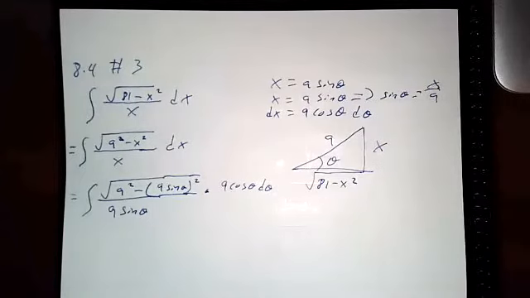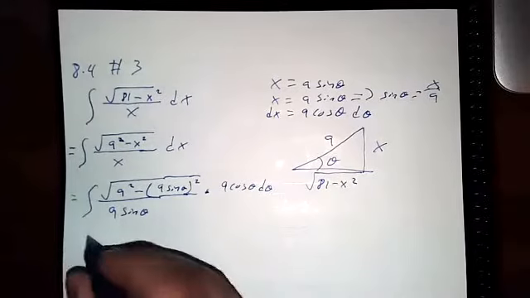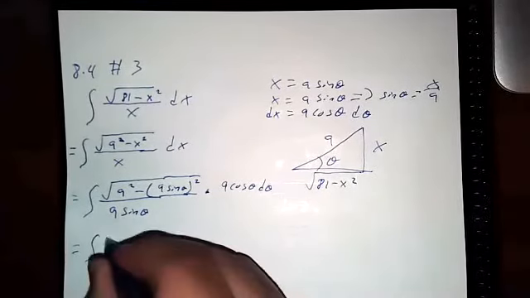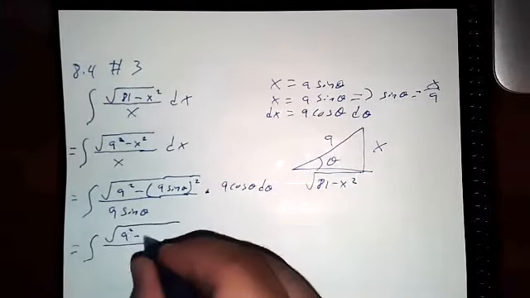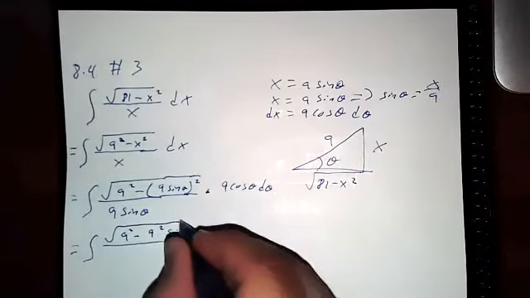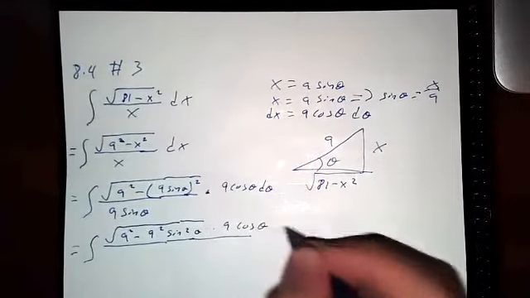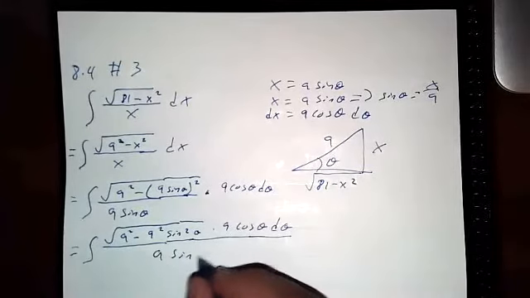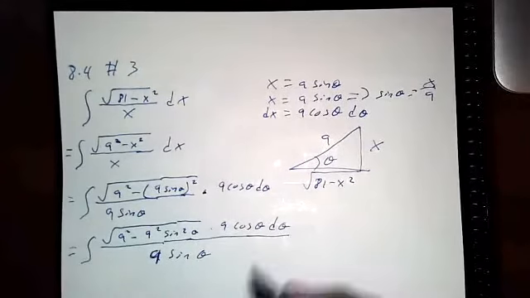All right. So now at this point, we just got to do some math here. Some algebra, I guess. So this would be square root of 9 squared minus 9 squared sine squared theta times 9 cosine theta d theta over 9 sine theta. Okay.